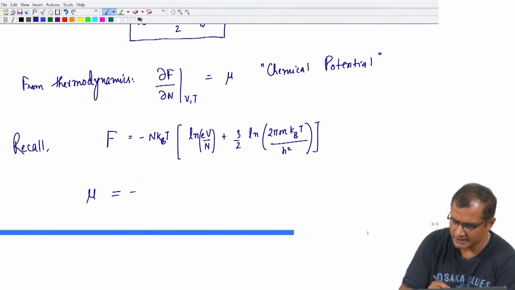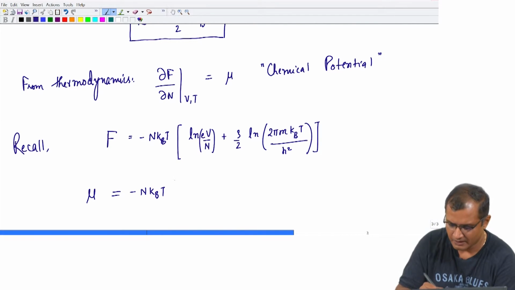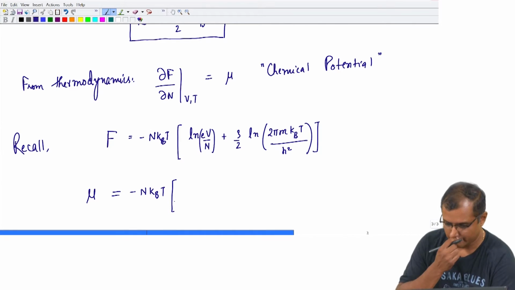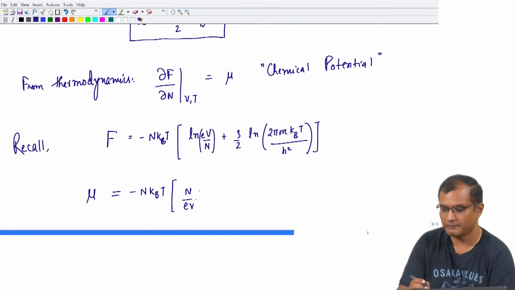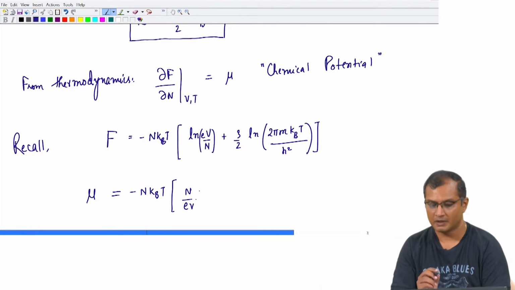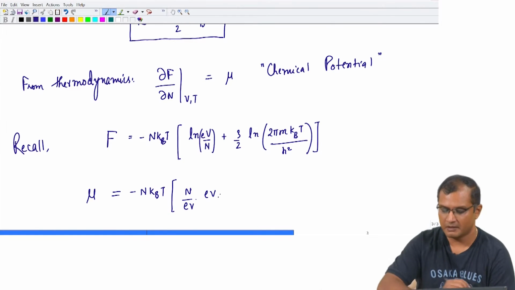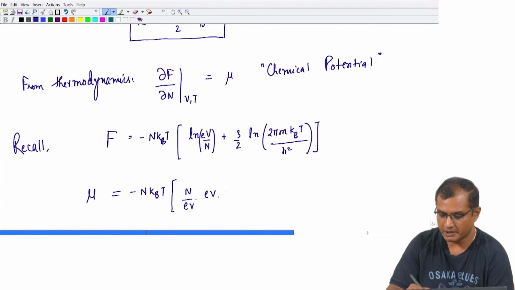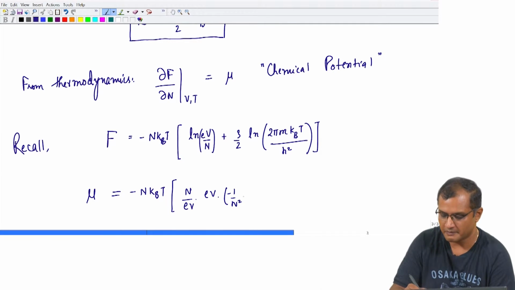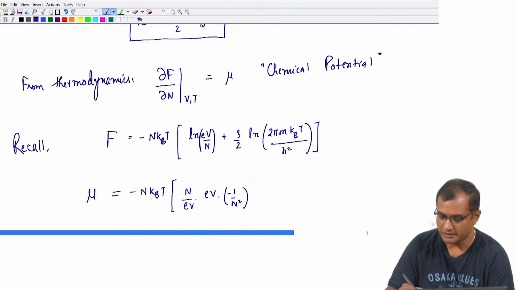Let me take the first term, which is n minus n k T, and the derivative of log e v by n is nothing but n by e v, into e v, and this will be minus 1 by n square, and that is it.